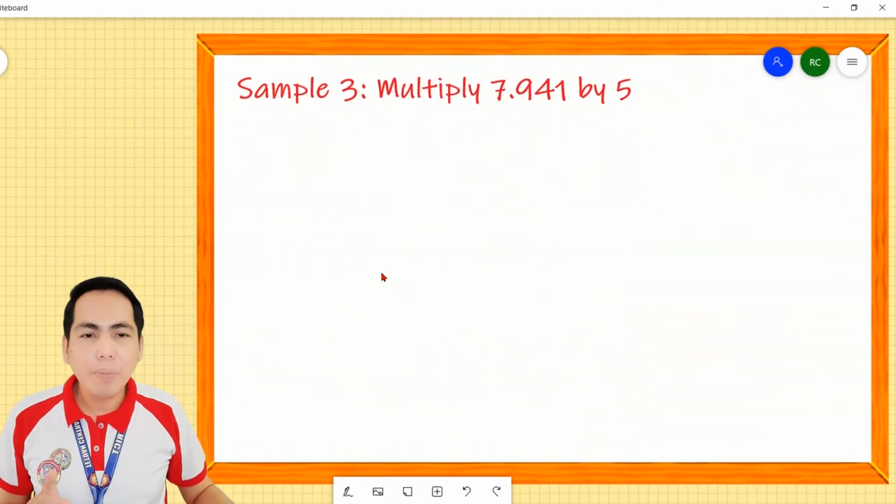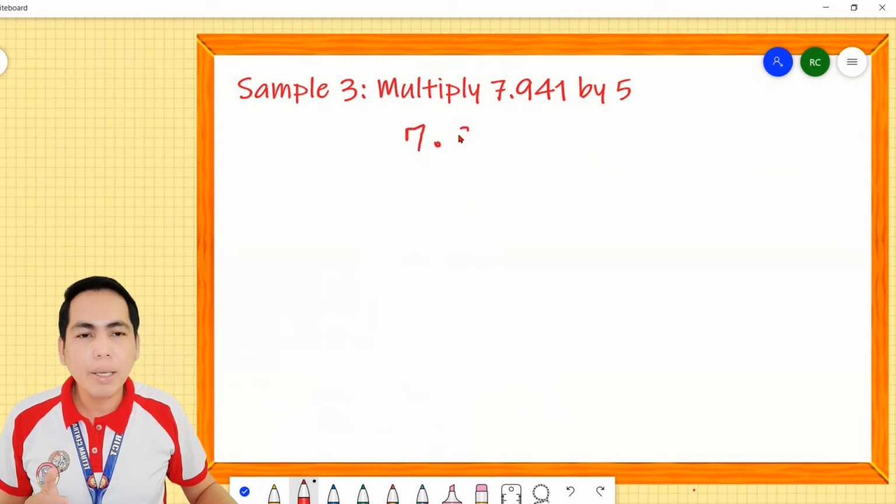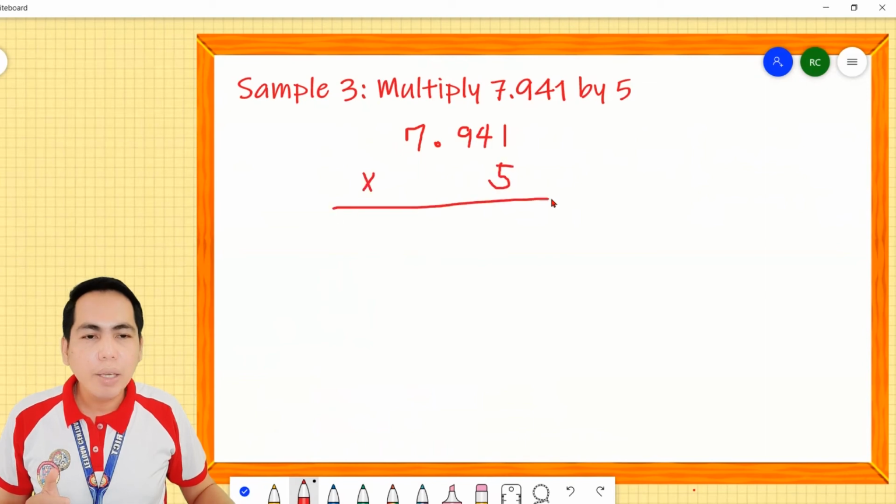Our third example, we have here multiply 7 and 941 thousandths by 5. Again, our first step is for us to write the given factors in vertical column. So 7.941 times 5. So we have here, one factor is a decimal number and the other factor is a whole number.